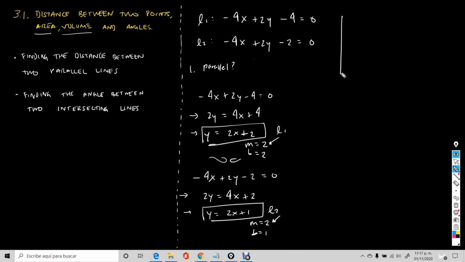If I wanted to graph both of them, I'm going to briefly sketch these two lines, L1 and L2. They're going to look more or less like so. For x equals 0, we have an intercept of 2, so this one goes over here.